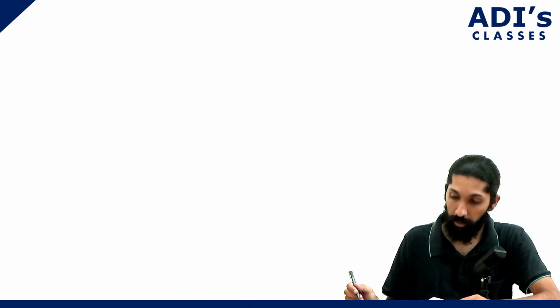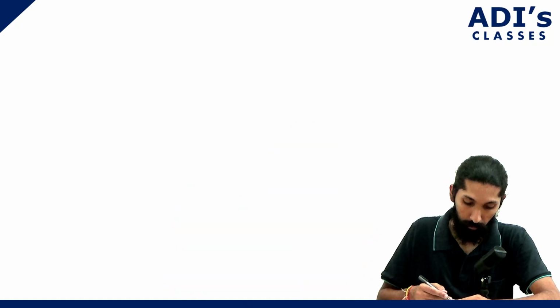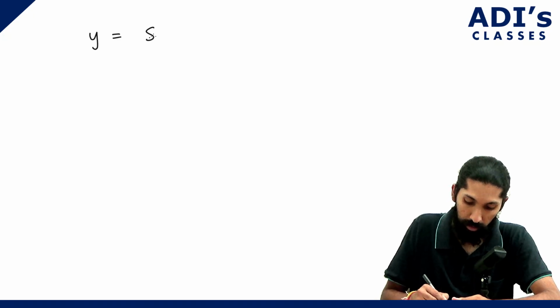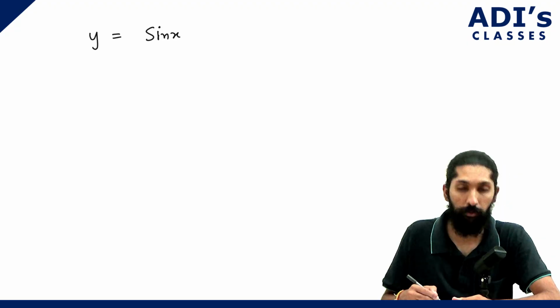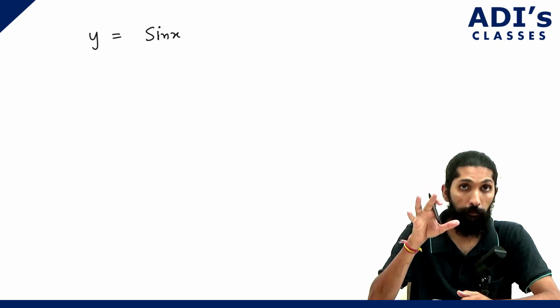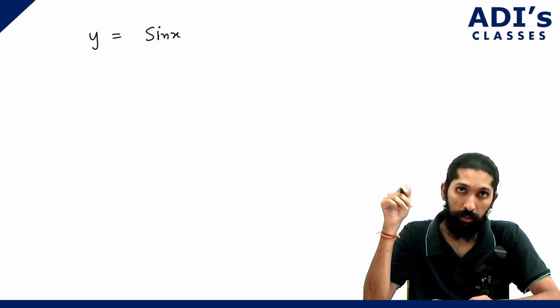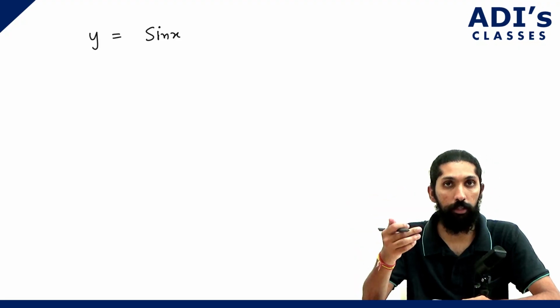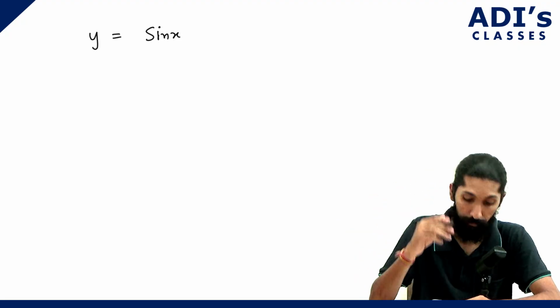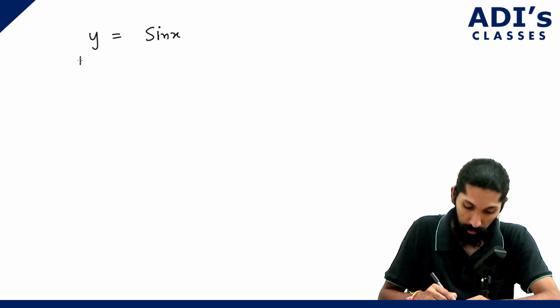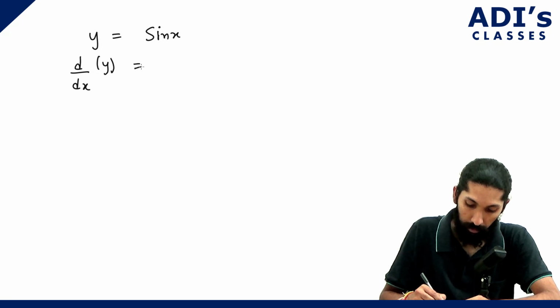Suppose you have y is equal to sin x, a very simple function. First order derivative, in the sense, you're going to differentiate the function once. That means here we do d by dx of y is d by dx of sin x, correct?